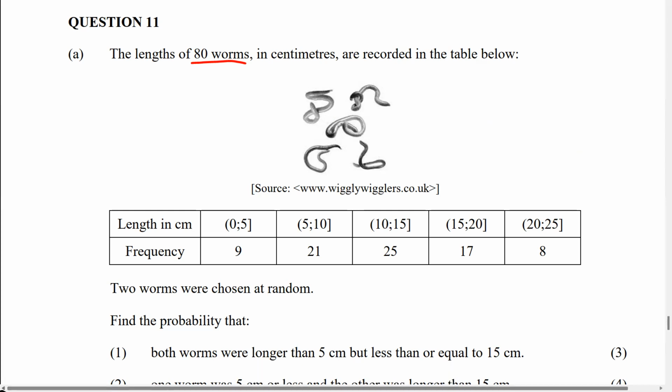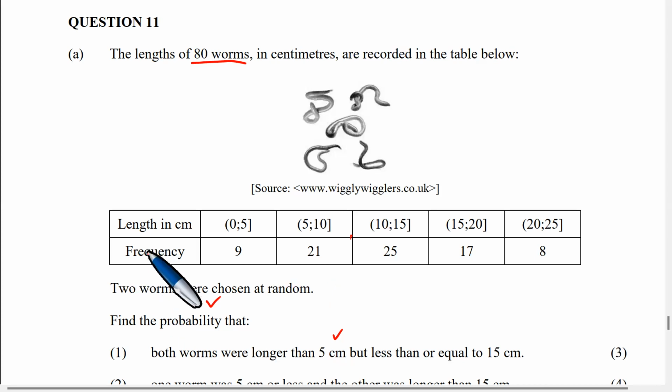Okay, let's look at this question. Now we need to calculate the probability that both worms were longer than 5 centimeters. If you look at the length in centimeters, between 0 and 5 centimeters, you have 9 of the worms. Between 5 and 10, including 10, you have 21 of the worms.